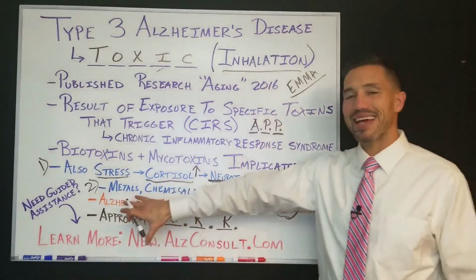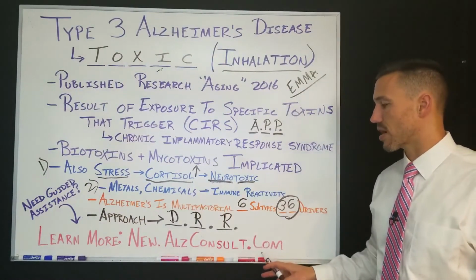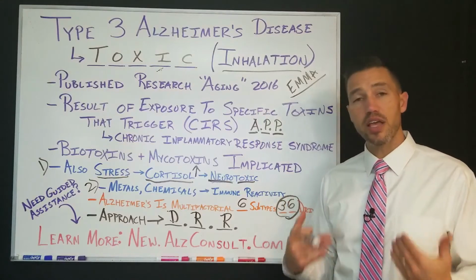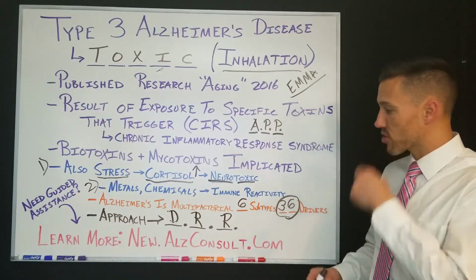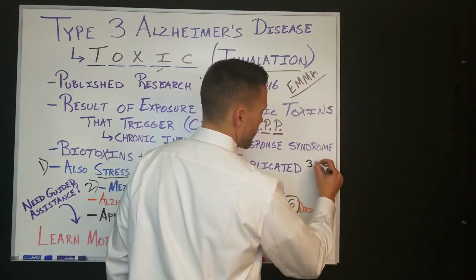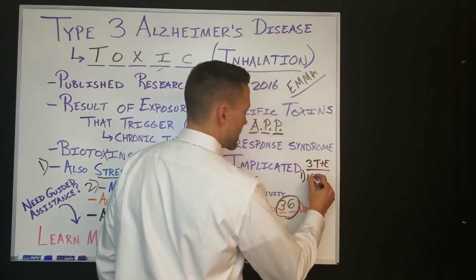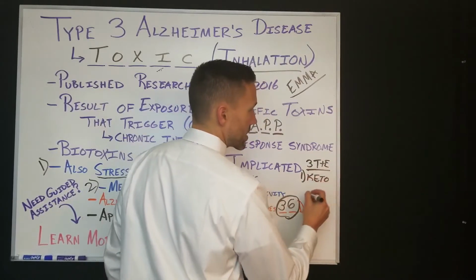So if you need guided assistance putting all this together, you can go to new.alzconsult.com and learn all about working with us in our Saving the Brain program. If you want to try some things on your own, there are 3 things you can do that are trial and error. Number 1, a ketogenic diet. Ketogenic diet's great.